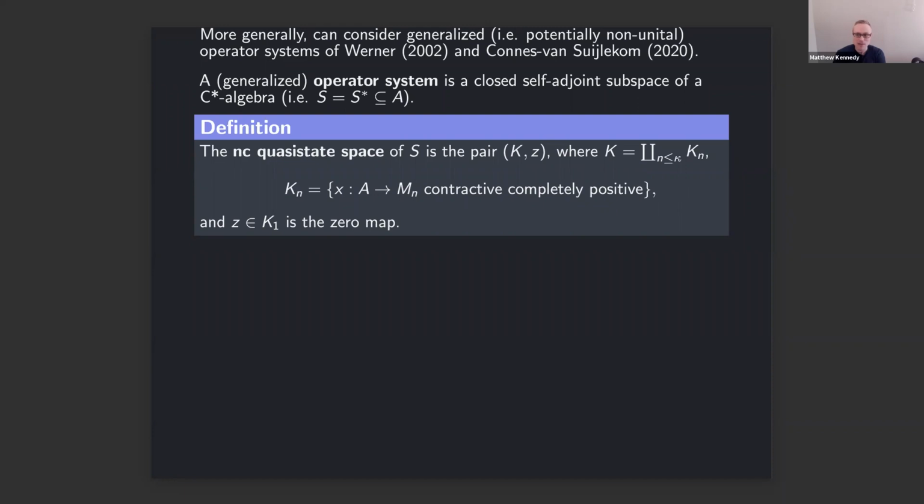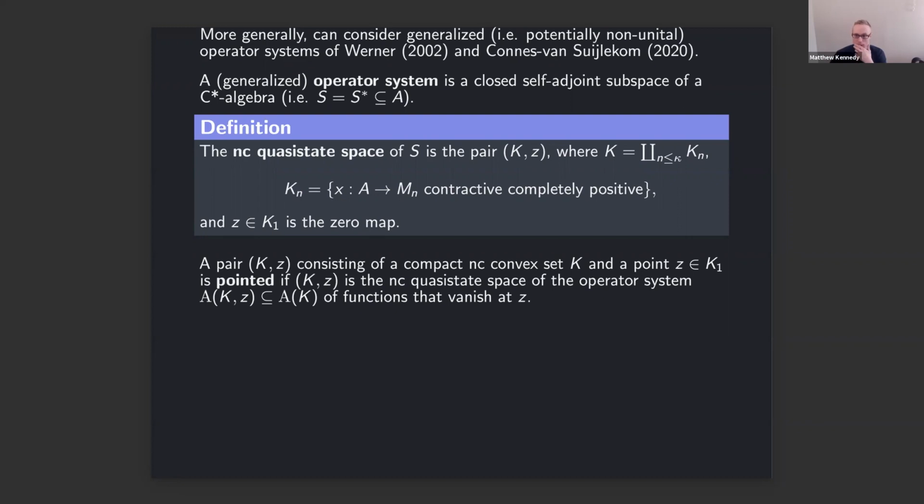These are the maps that are completely contractive and completely positive. The NC quasi-state space, I also want to keep track of 0. So I want to think of this as a pair consisting of these NC quasi-states along with a distinguished point 0. And now the 0 map, we identify with the scalar 0, and this lives in K1.